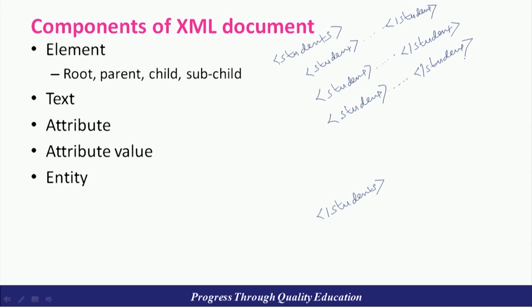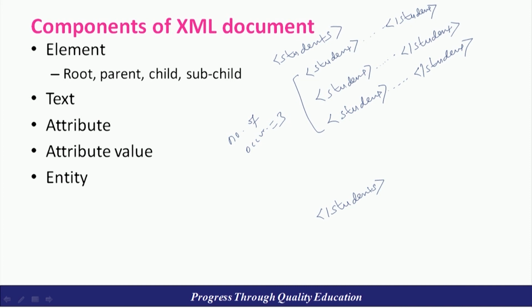See, student, student, student, 3 times it is repeated. I can say the number of occurrences is 3 for student. Student is a child for students. Okay, but it is repeated thrice.